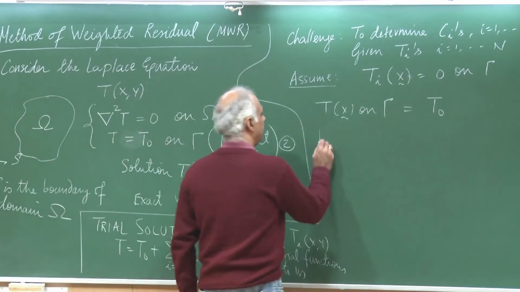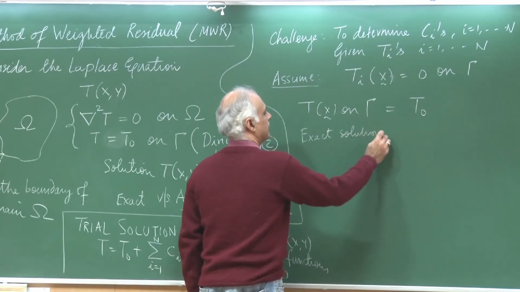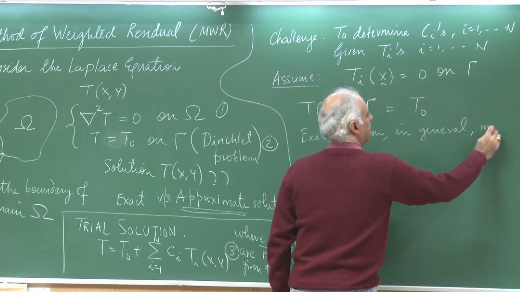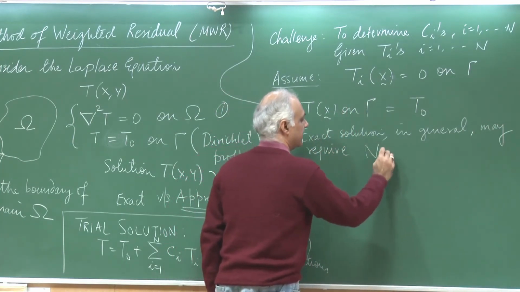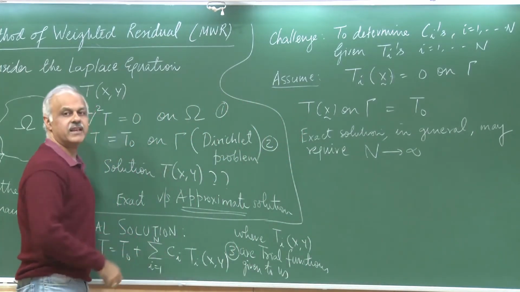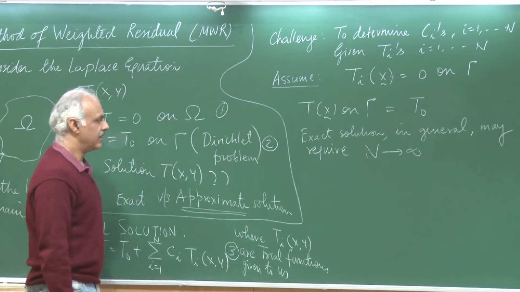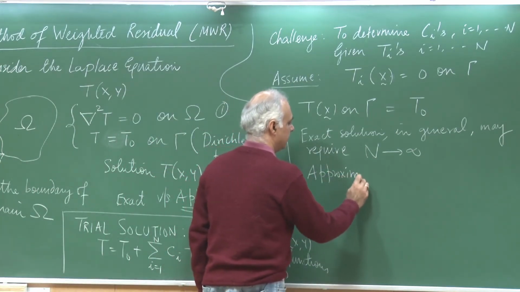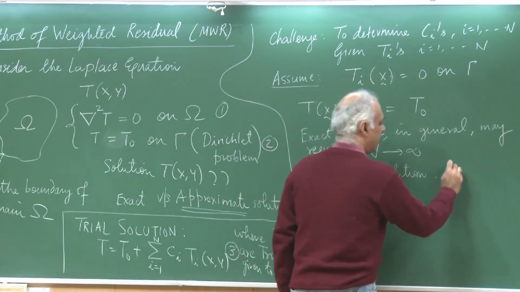Okay. So, exact solution in general may require n going to infinity. That means I have to determine infinite number of constants. Okay. Now that's not an easy task. But if I want an approximate solution, then n is finite.